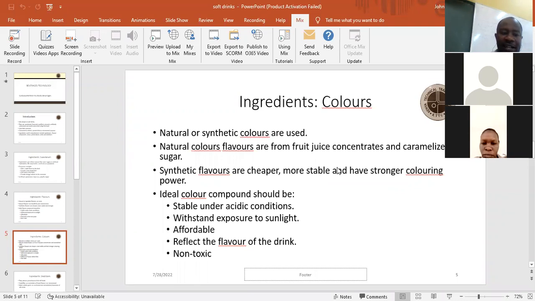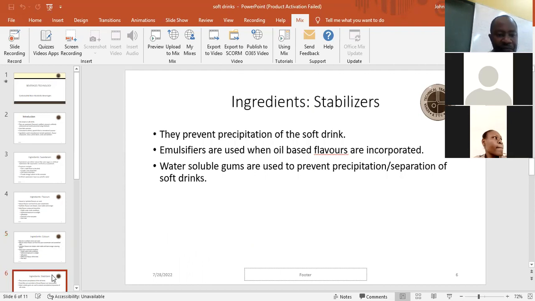You have dark colors for the colas, orange color for the Fanta orange that has orange flavor, and for pineapple flavor you have yellow. This matches.